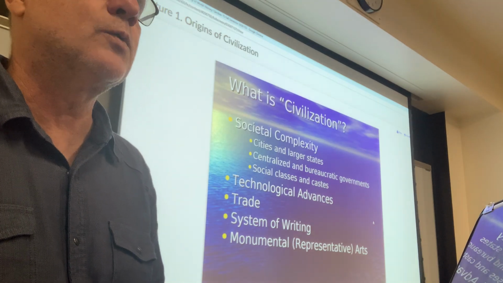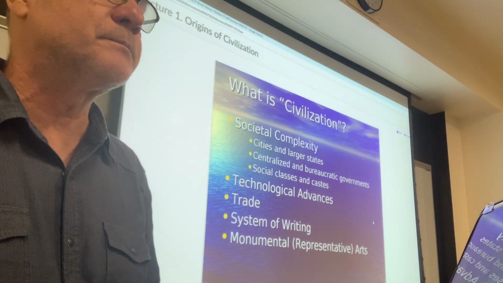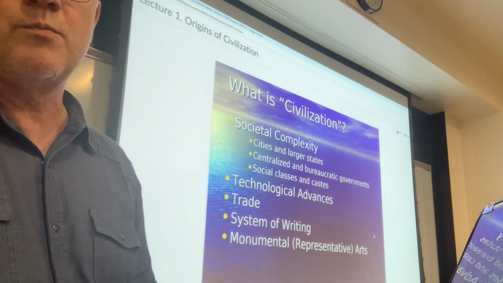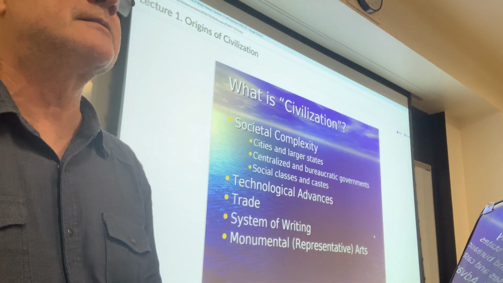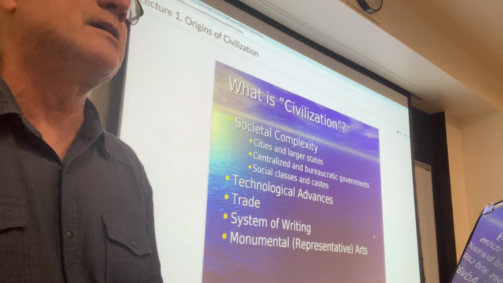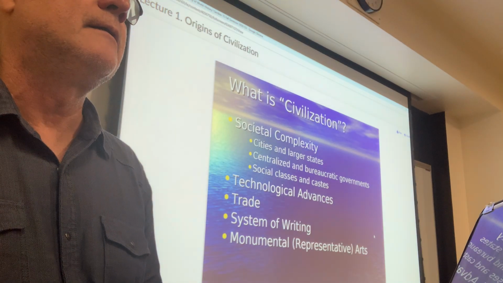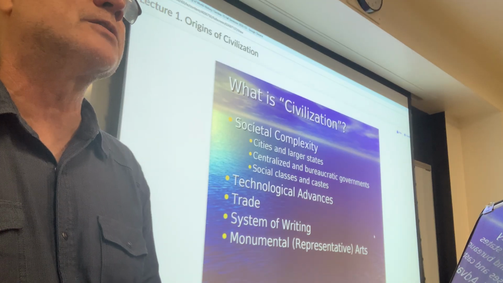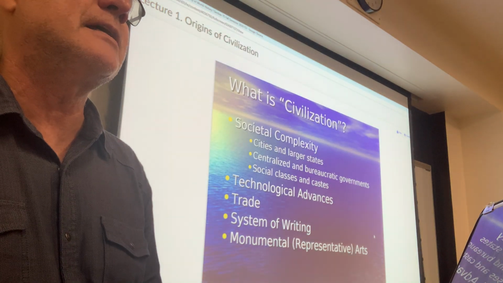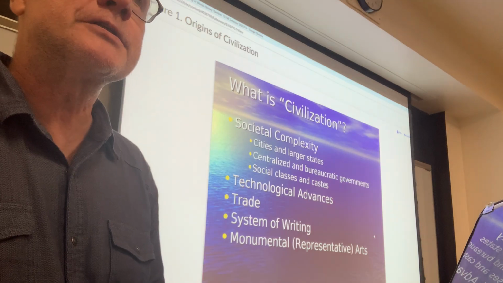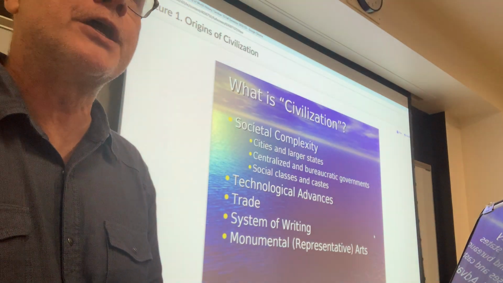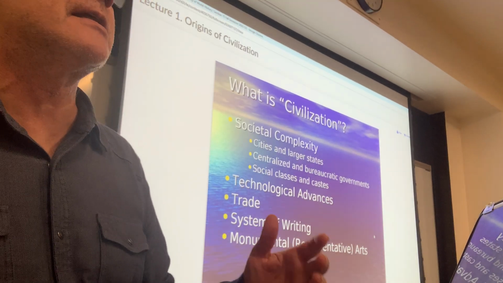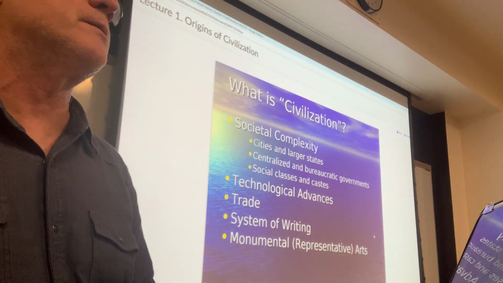Patterns could communicate knowledge. And also, a civilization produced monumental and representative arts. That art represented people, represented a civilization, represented that civilization's rulers, kings or warriors or an army, or represented gods and deities that civilization worshipped.